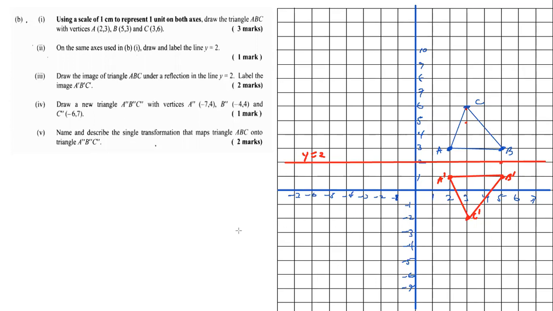Sir, why did you stop at 4? Where did I stop at 4? Because that's where the mirror line stops. So 0, 1, 2, 3, and 4. You see the red line, the y is equal to 2 line? That's where it stops.